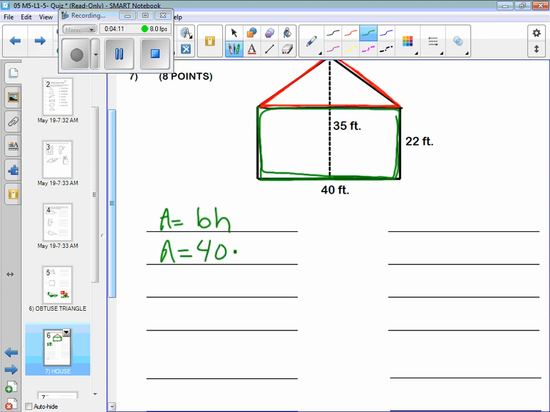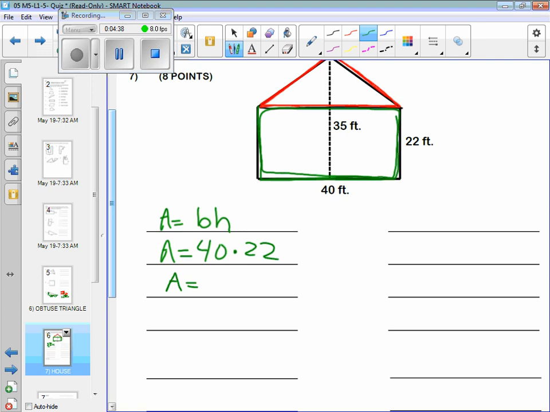What's the height? Of the rectangle. Look over here in green. What's the height of my green shape? 22. Okay, and then you multiply, and you're going to wind up getting 880.